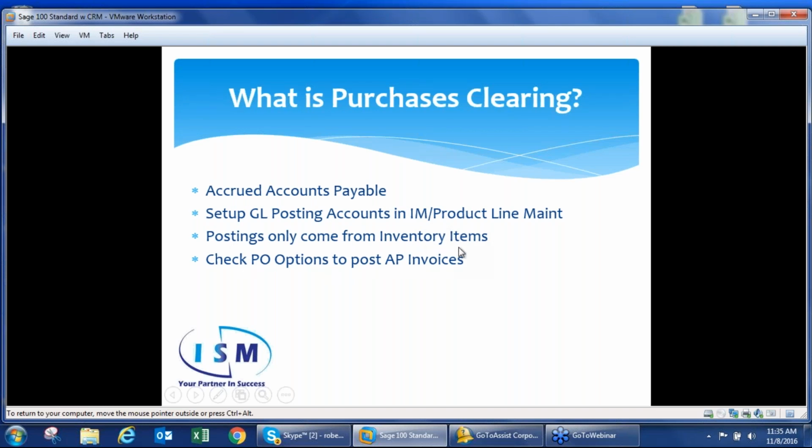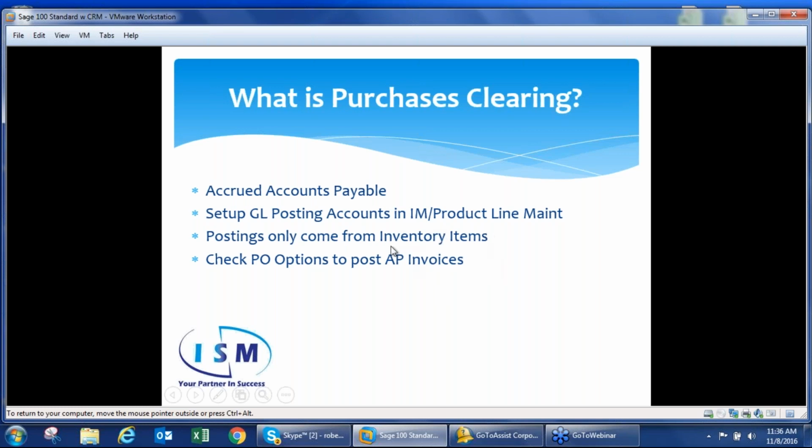Now, postings only come from inventory items. So, of course, in the PO module, we can buy inventory. We can also buy non-inventory items by using miscellaneous items. Thus, we can buy office supplies. We can buy other goods and services that are not captured in inventory.